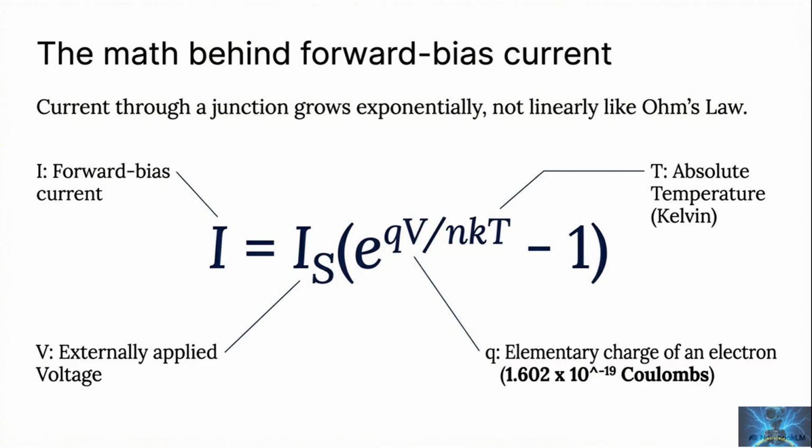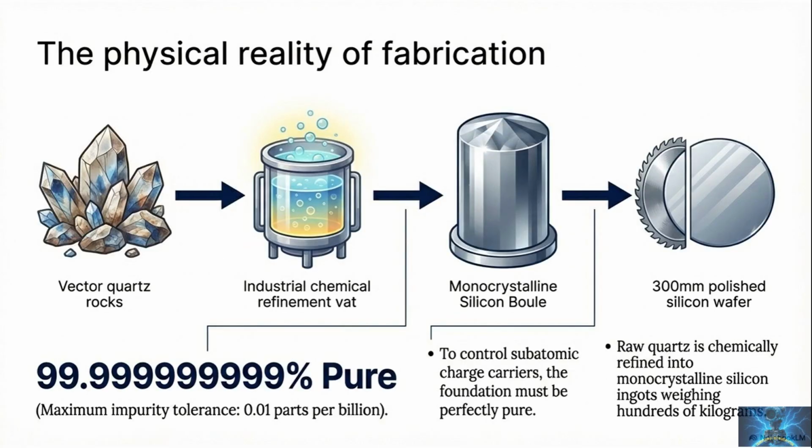The saturation current term is basically the tiny baseline current set by the junction and its material properties. The rest of the relationship is an exponential sensitivity to applied voltage and temperature, which is why diodes feel so non-resistor-like.